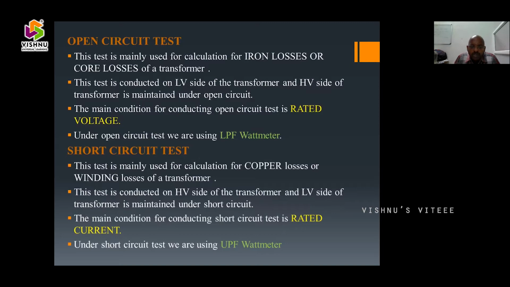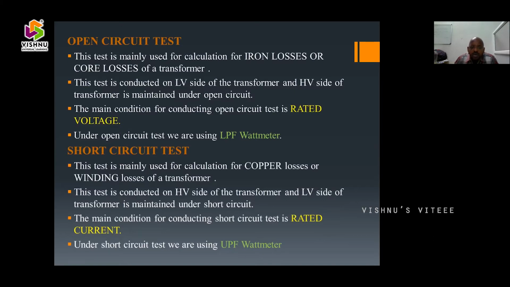That's why under the open circuit test, whatever power is drawn by the transformer is taken as the core loss or iron loss of the transformer. And this test is conducted on the LV side of the transformer, and the HV side is maintained open circuit. Because generally the core losses or iron losses are completely controlled by the voltage of the transformer.